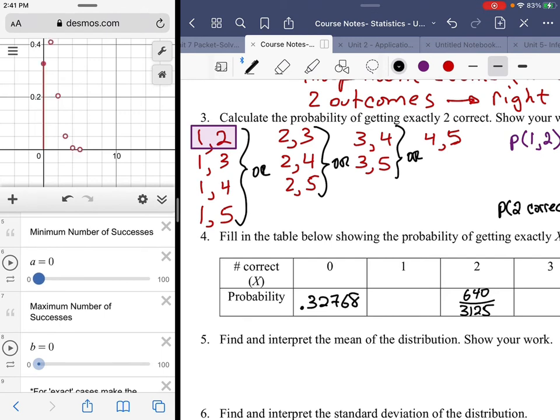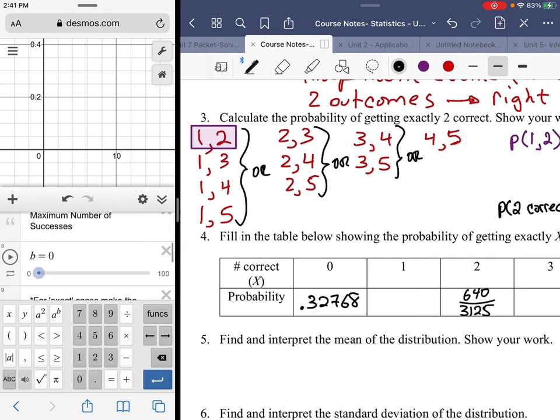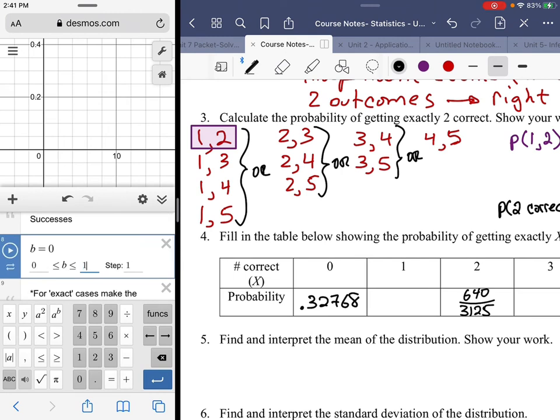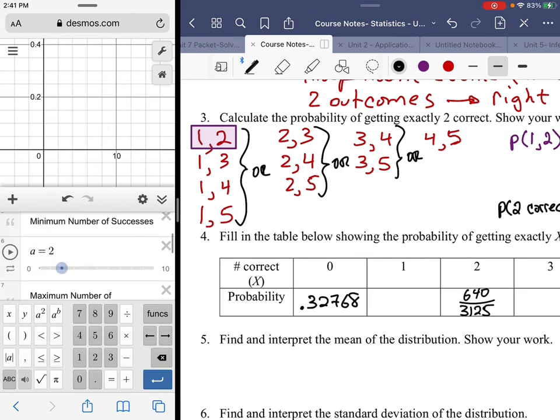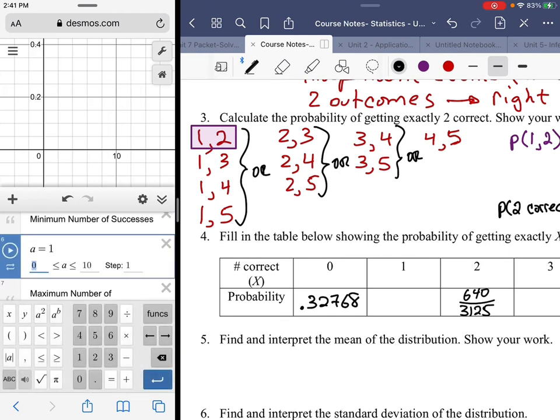Now, a little nifty trick. See how I'm having a hard time getting the A value to land on what I want it to? See how my minimum and maximum values are 0 and 100? I like to have a little wiggle room, but if I make this much smaller, like 10 or even 5, and based on the problem that we're working on, 5 would make sense, it's going to be easier to get it to land on the value that you want, because I made it so that it goes by whole unit steps.